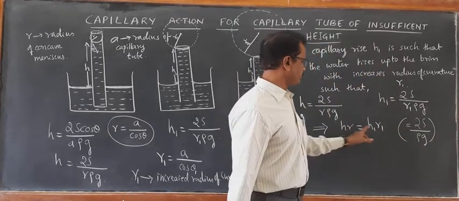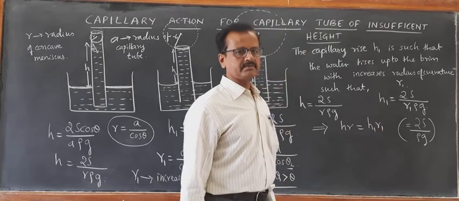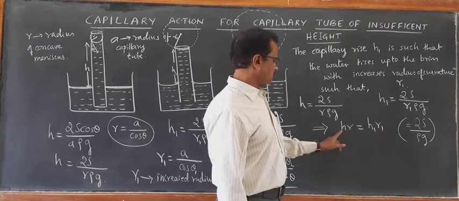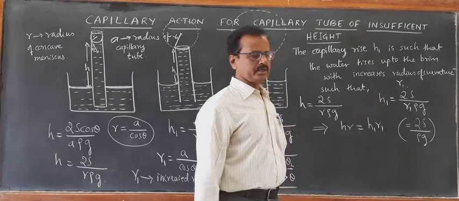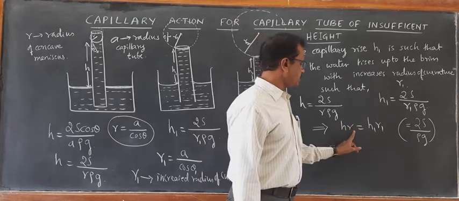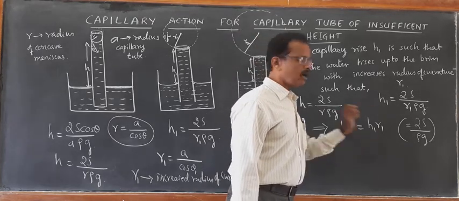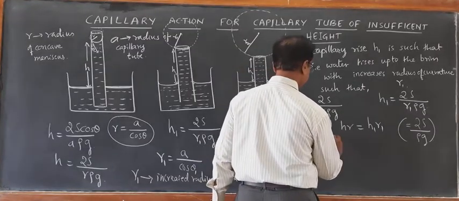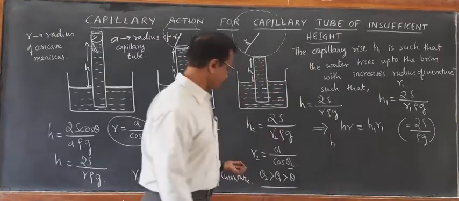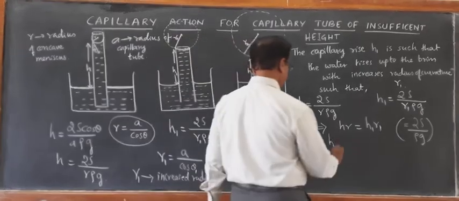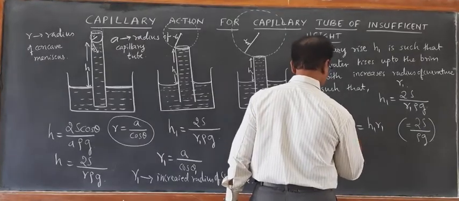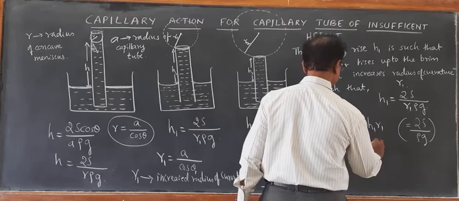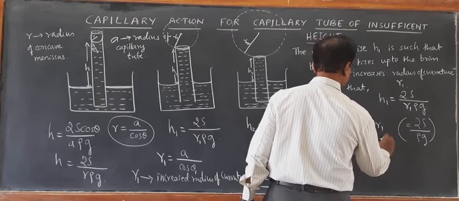So the only variables are the radius of curvature and height. As h decreases to h1, r increases from r to r1. So you can include the third case also: hr is equal to h1 r1 is equal to h2 r2.